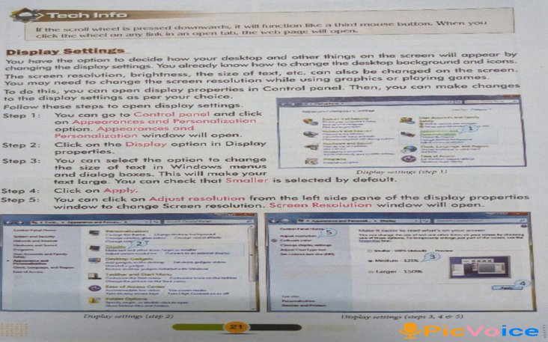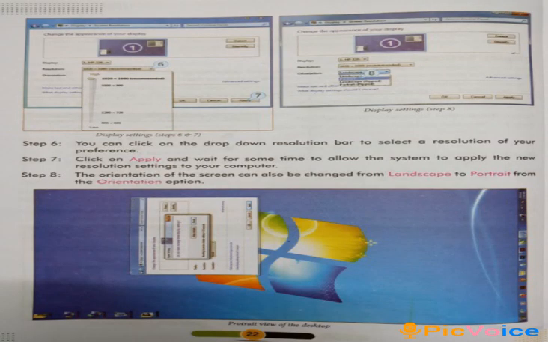Step 5. You can click on Adjust Resolution from the left side pane of the Display Properties window to change screen resolution. Screen resolution window will open. Page number 22. Step 6. You can click on the drop down resolution bar to select a resolution of your preference.